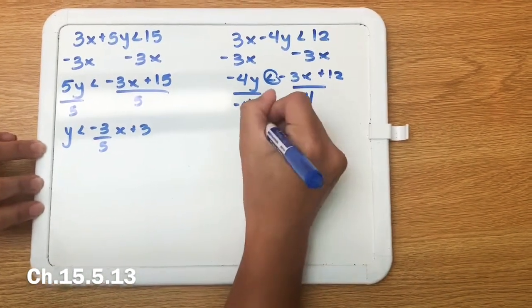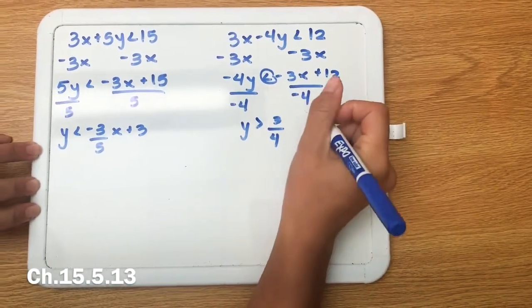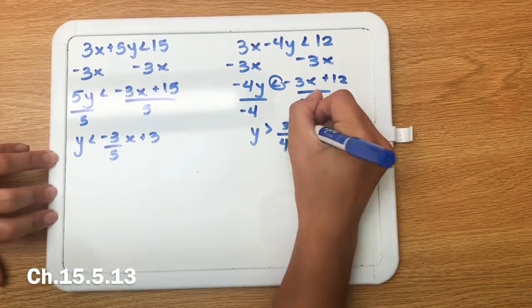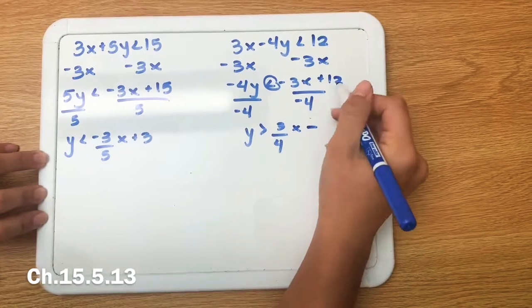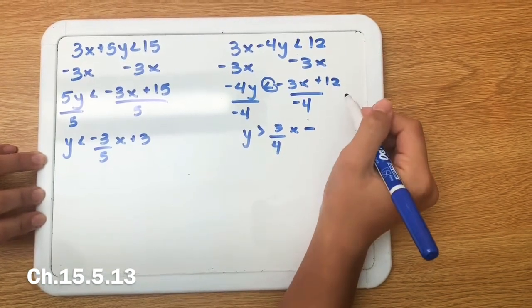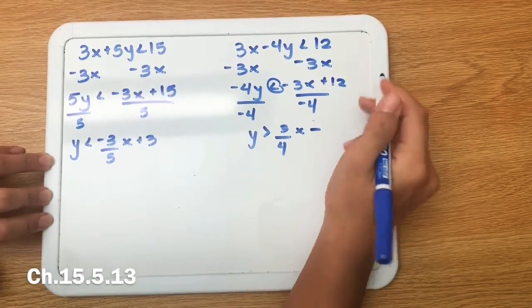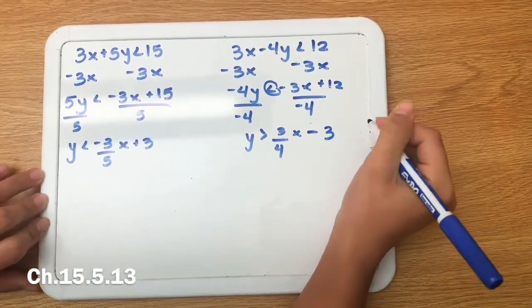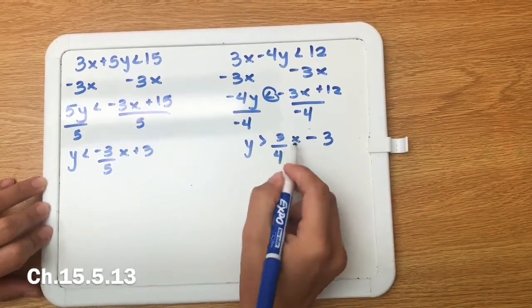So it's going to be y is greater than 3 over 4, and that becomes positive because you have two negative numbers. So 3 over 4x minus, this is going to be a negative because you are dividing two different signs. So 12 divided by negative 4 is negative 3. So the second equation for the second line on the graph is y is greater than 3 over 4x minus 3.